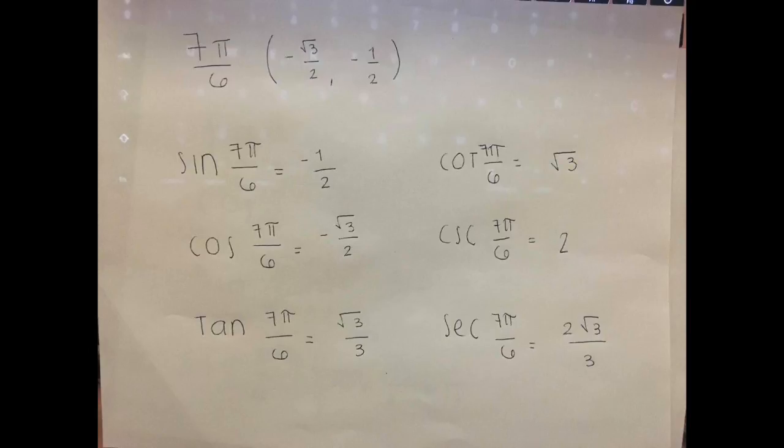So the sine would be minus 1 half, the cosine would be minus square root of 3 over 2. The tangent will be square root of 3 over 3. The cotangent will be square root of 3. The cosecant will be 2. And the secant will be 2 square root of 3 over 3.